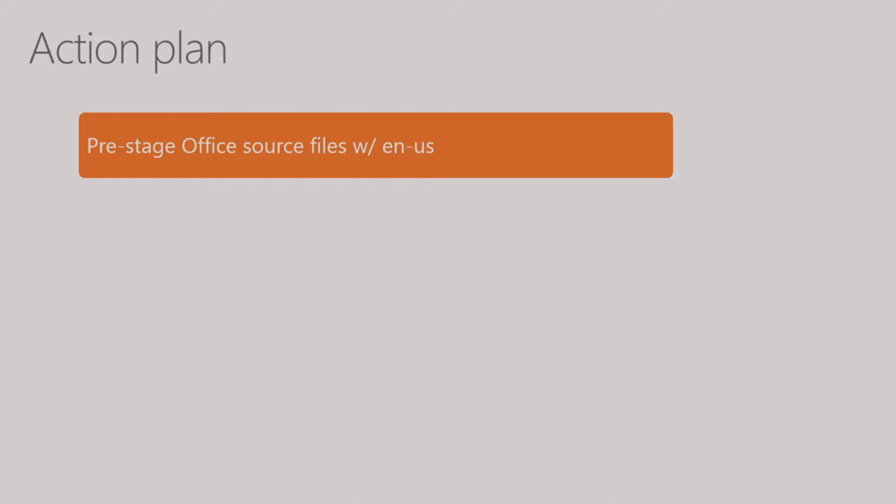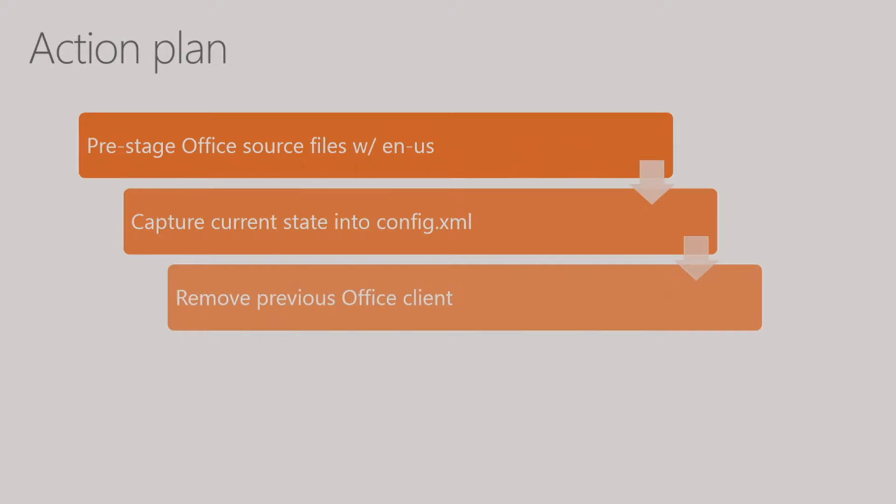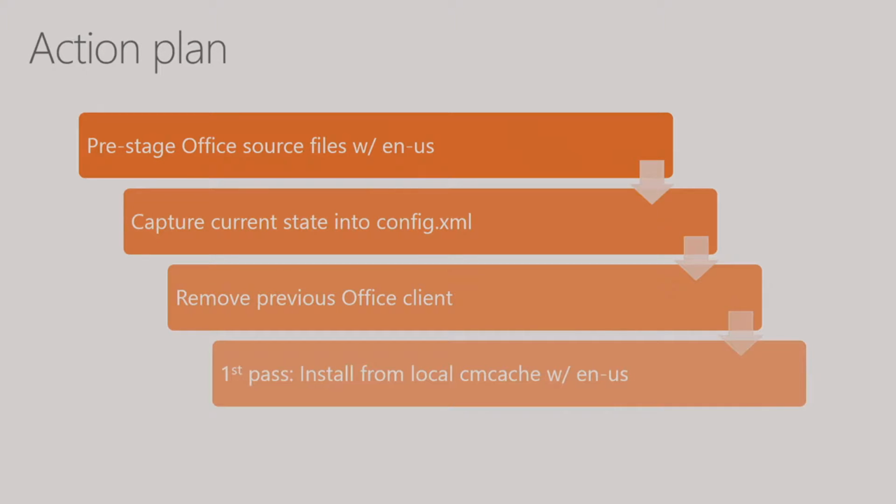We are spinning up a PowerShell script, which captures the state of the machine, because we can't predict in which state the machine is, so which language packs or which applications are on it. So the script queries the machine, and dynamically creates a configuration XML which captures the state, then gets rid of the previous Office client.